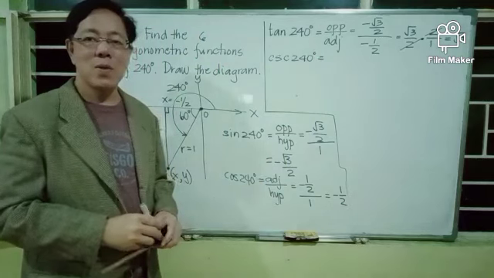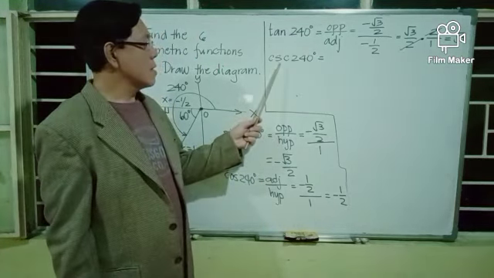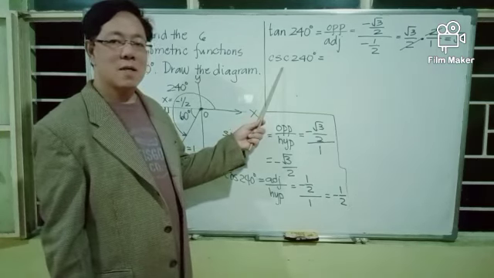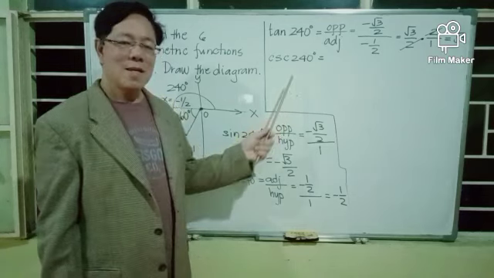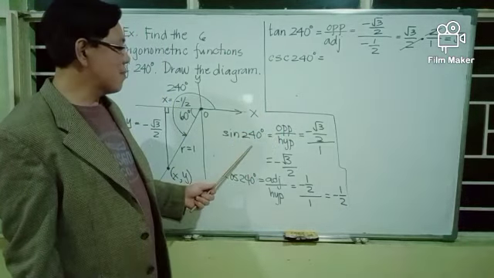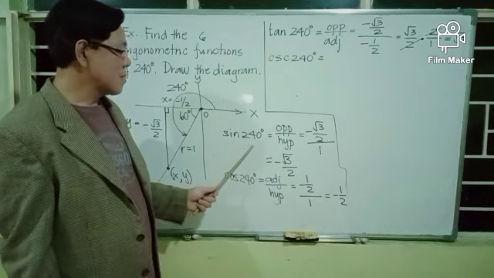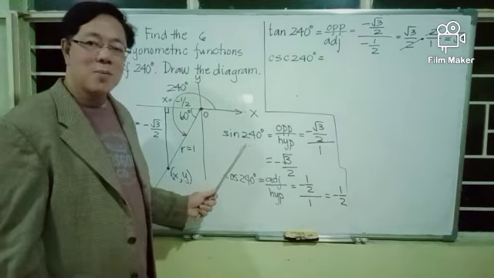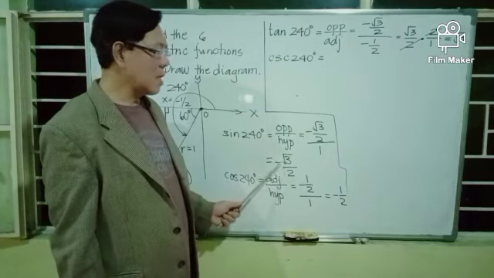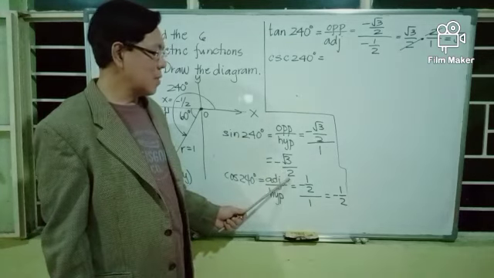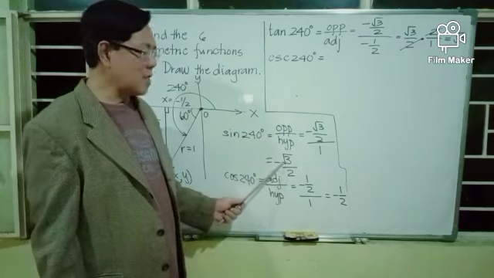We find the value of cosecant of 240 degrees, which is the reciprocal of the value of sine of 240 degrees. The value of sine of 240 degrees is negative square root of 3 over 2, and we take its reciprocal, which is negative 2 over square root of 3.